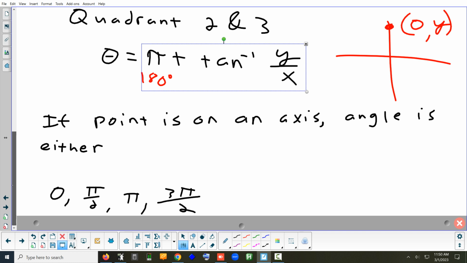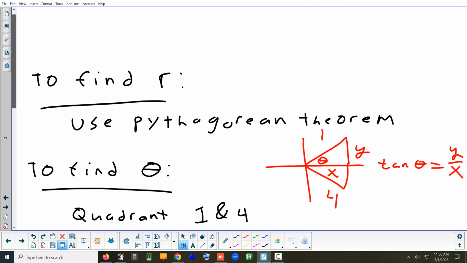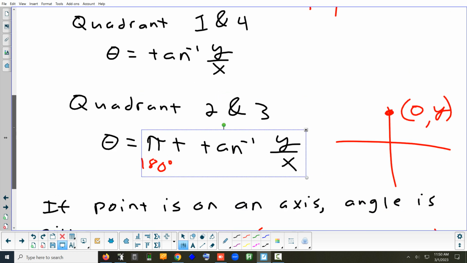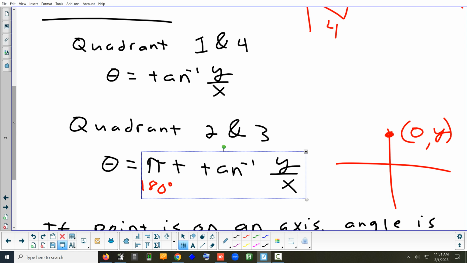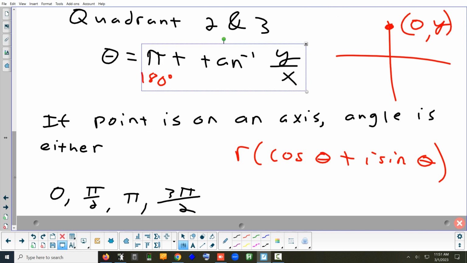So remember, the whole goal is to figure out something that looks like this. We're going to try to write an answer that looks just like that. R, Pythagorean theorem. Theta, well, depends on which quadrant you're in. And an example of a final answer would be this. I'm just making these numbers up.